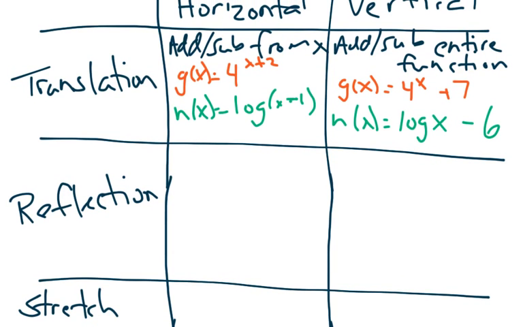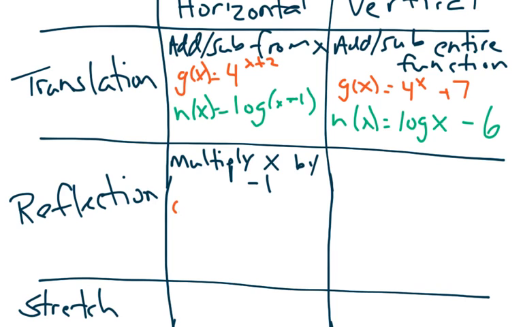For reflections, for a horizontal reflection, if we thought this was the xy plane, a horizontal reflection would be this way, from quadrant 1 over to quadrant 4. So that would be over the y-axis. Okay, and a reflection over the y-axis means we multiply x, and just x, by negative 1.